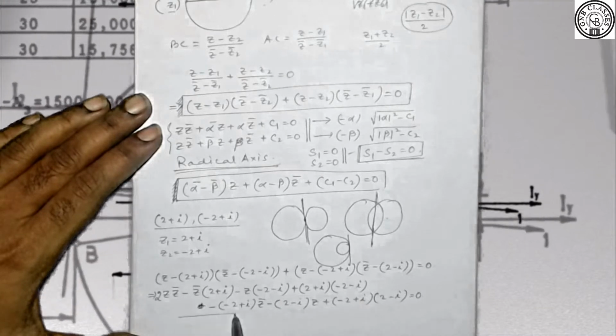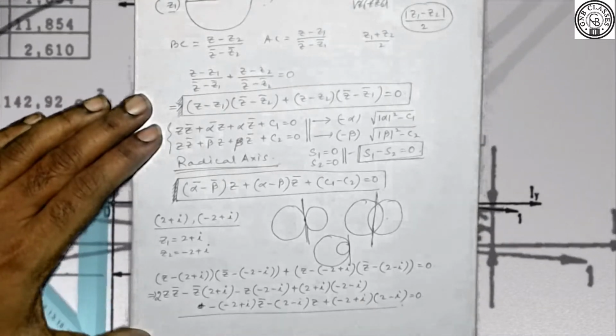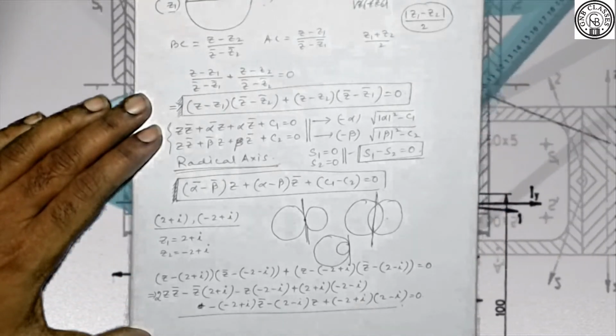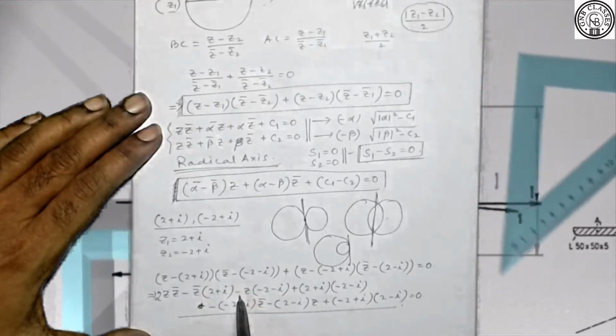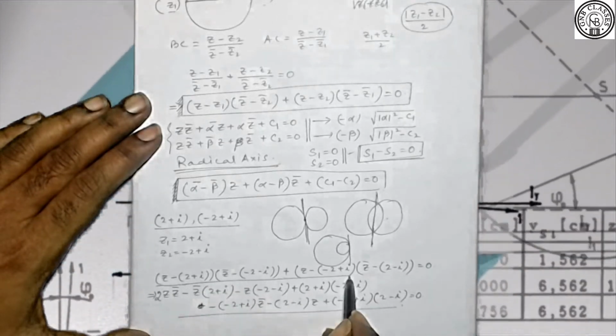I'm not going into the calculation, you can do that yourself, but the main thing is that this is the equation of the required circle.